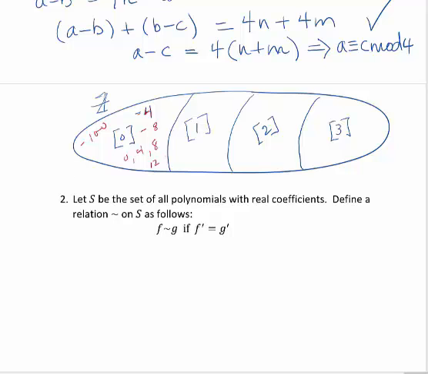Now in the equivalence class represented by the number 1, we would have all of the numbers where if you take 1 away, it's divisible by 4. So in other words, we'd have minus 3, and minus 7, and 1 and 5, and 9, and 101.